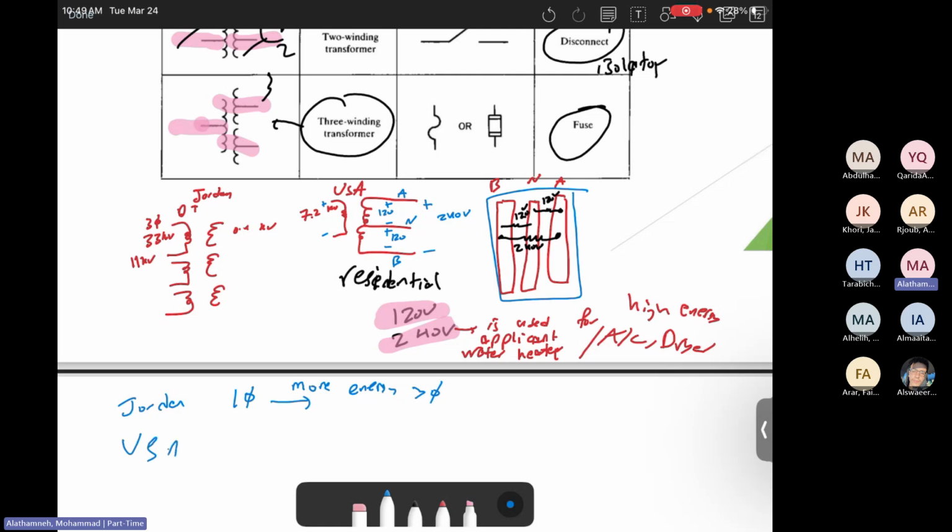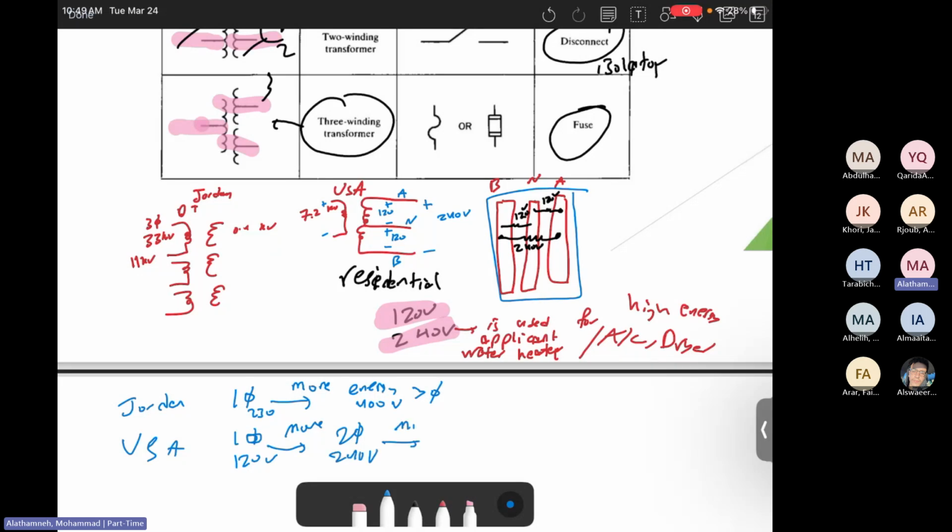However, in the United States, it is based on single phase. Here's 230. This is the three-phase will be 400 volts. In the single phase, it used to be 120. Then if we need more energy, we will use what we call the biphase, or the three-winding transformer. Then it will give you 240 volts.